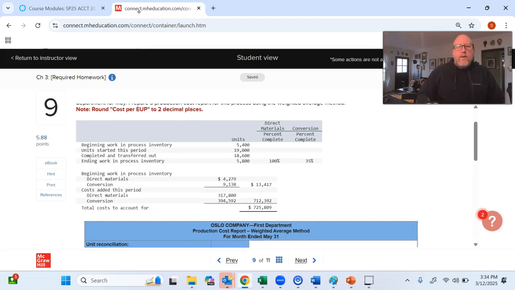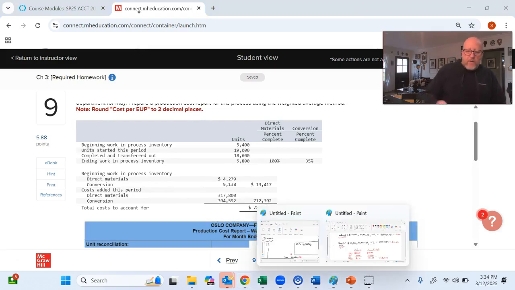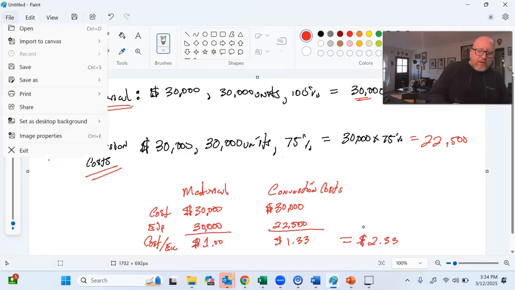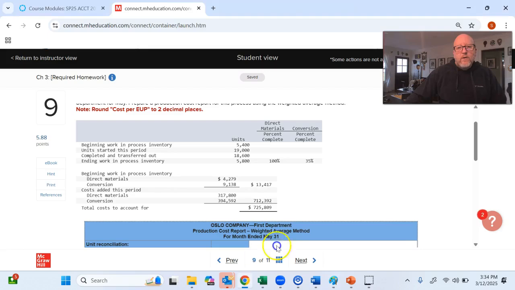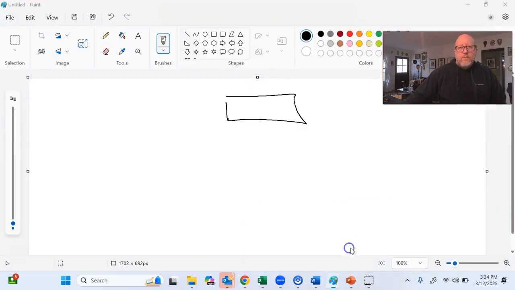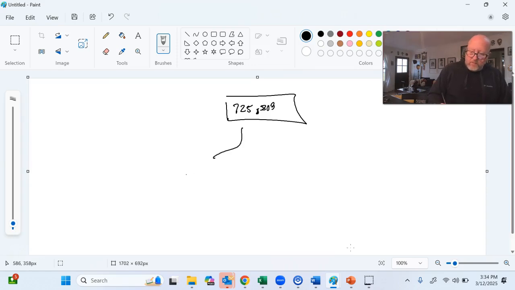And now we're trying to figure out, of the total 725,809 that we currently have, the most simple way of thinking about it is, how much is transferred out to some other division and how much remains in ending work in process.